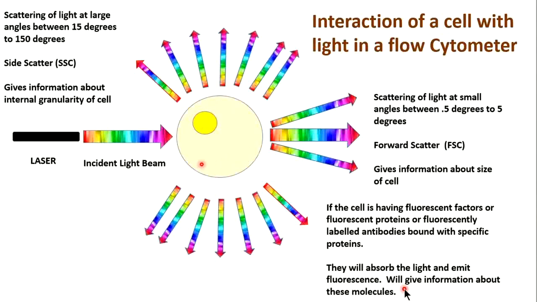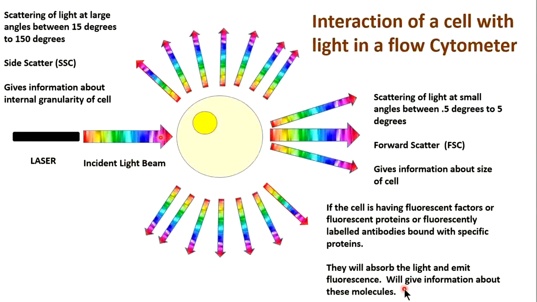Now, if we are well aware of our past physics syllabus, then we know that there will be some interaction between the cell and this light beam. And there are three types of interactions. We go through these interactions one by one, and then we will be able to understand what a flow cytometer is actually doing. So the single cell is coming here and interacting with a light beam.